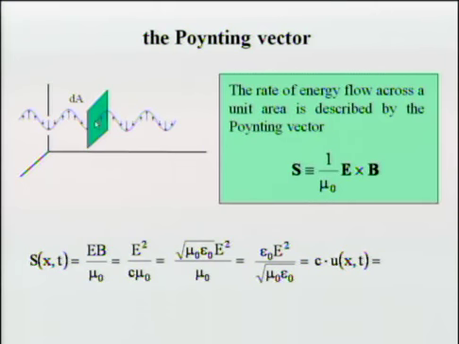All right, so let's consider this point over here. Let's see how much energy is going to cross this surface in time dt. It's again the same type of calculation as when we were thinking about crossing the wall over here.